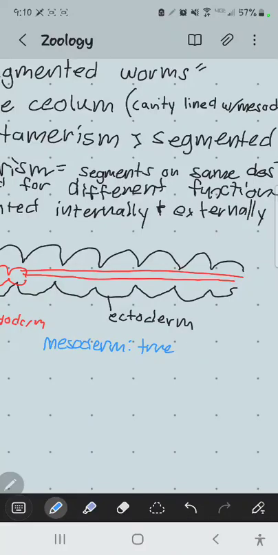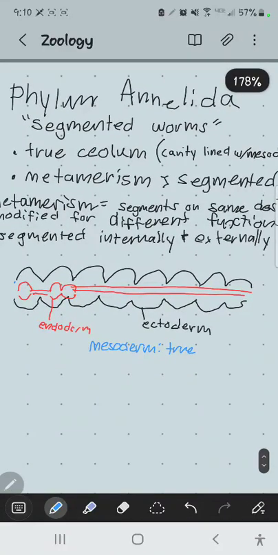Mesoderm, both covering the outer part of the body and the gut tract. And it's the mesoderm on the gut tract that enables it to have structures like stomachs, etc. So we have mesoderm, and that's what results in this being a true coelom.